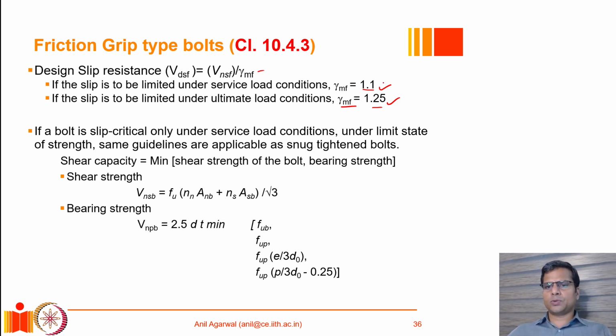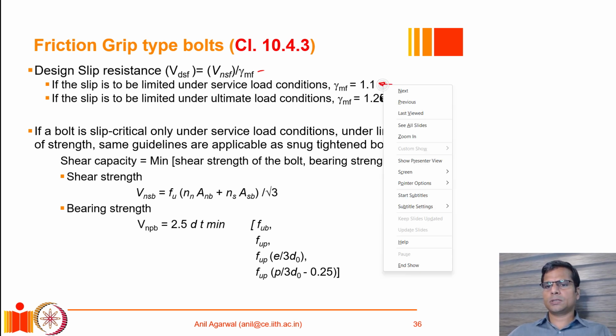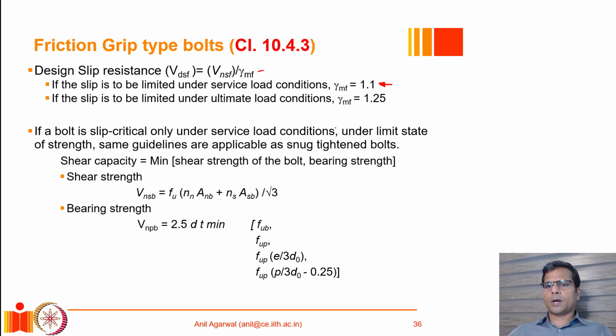Now, in such a situation where the connection is assumed to be slip critical only for service conditions, for ultimate loads, we would design the connection just like we did design the bearing type connection. So the shear strength in that case will be similar to this, and a factor of safety of 1.25 will be applied, and the bearing strength will be again given by the same expression that we have seen before.